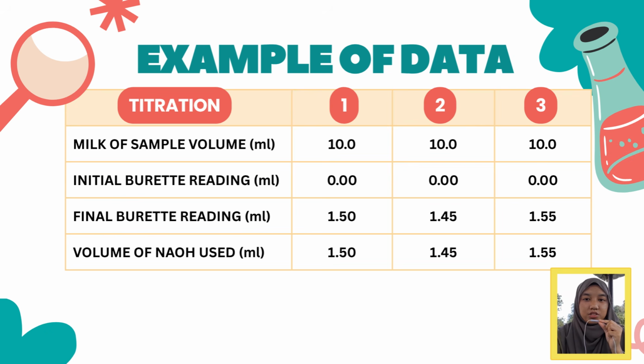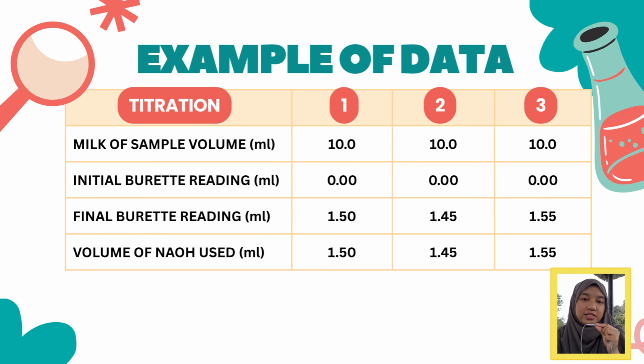To ensure accuracy, we performed 3 concordant trials. As you can see from our result table, our readings were consistent, giving us an average titration volume of 1.50 ml of sodium hydroxide.